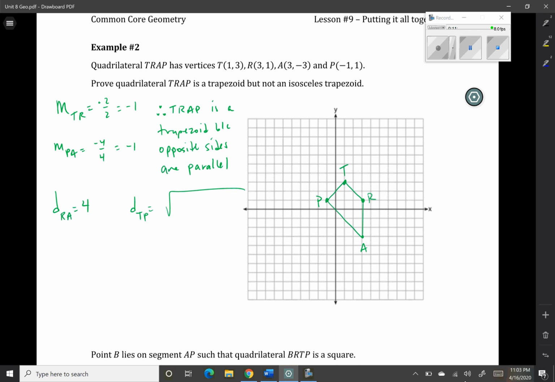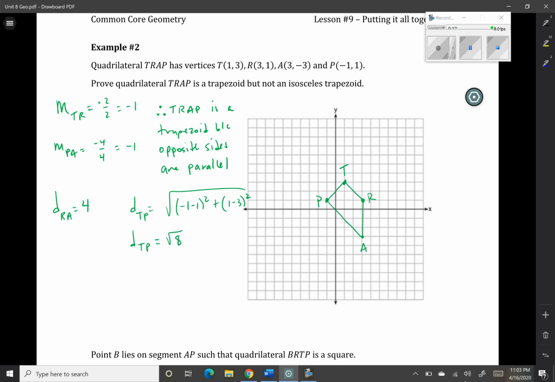So from P to T, if I look at the points P and T, subtract the x values, so I have negative 1 minus 1 squared plus 1 minus 3 squared. So the distance of TP is going to be the square root of whatever that number comes out to be. If I do some quick math in my calculator, I get the square root of 8.